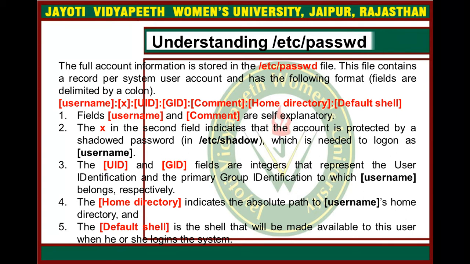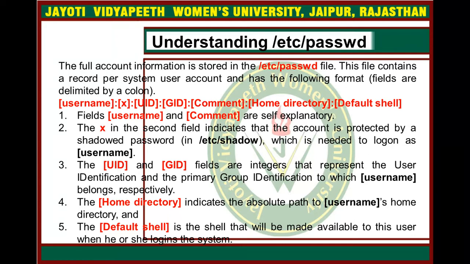Like in C or other languages, there is a syntax through which we can create our method, we can do accordingly, because every language has a syntax. Same for here, like username:x:UID:GID:comment:home directory:default shell.